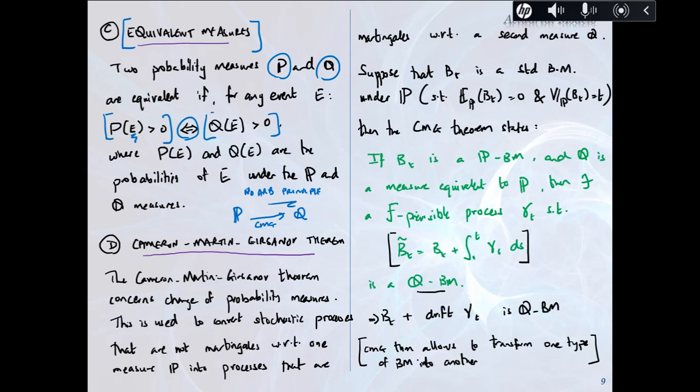In some books you may find that they relate to this part as being the change of numéraire.